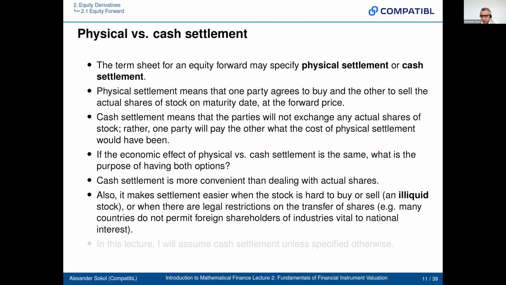Another example, by the way, just in passing, right? Sometimes for stocks, cash settlement is useful because in some countries, for example, like China, there are restrictions on foreign ownership of nationally significant companies, for example, defense. And it's not just China, there are many countries where there are similar restrictions.